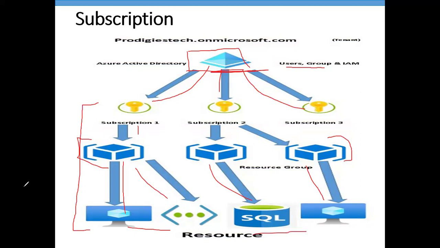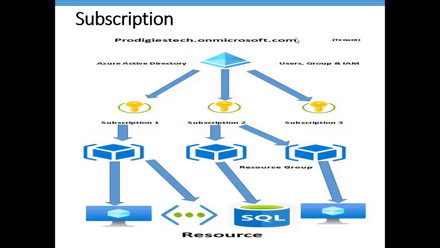Right now we are not going to discuss this complete diagram. Just for starting off our training, we are going to discuss this particular part. Once we come to our Entra ID service, then we are going to discuss the upper part. What we are going to discuss now is this resource group and this particular service called virtual machine.